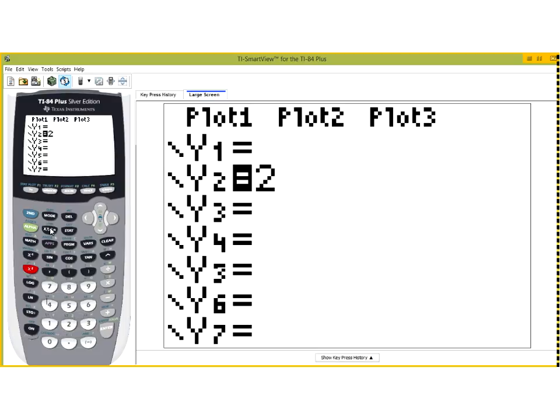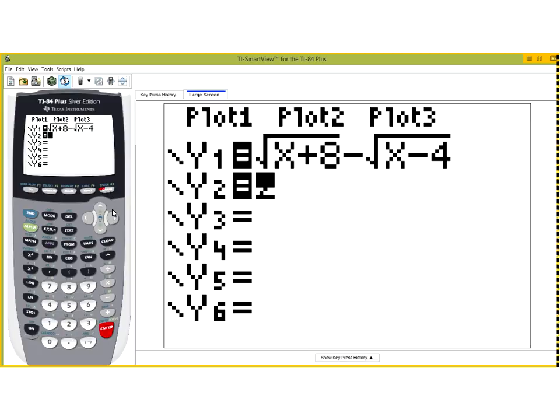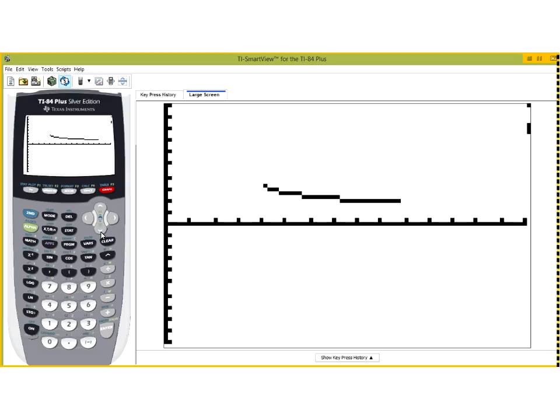So here we do the square root of x plus 8 minus the square root of x minus 4. And let's graph that and see what happens.